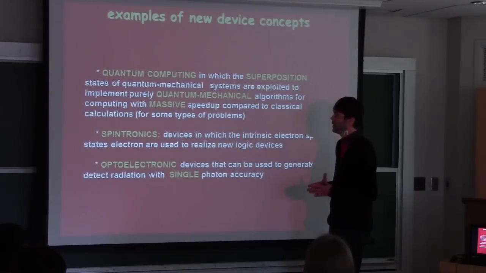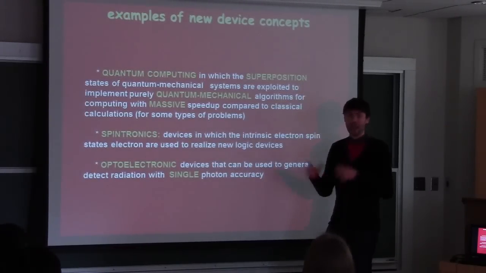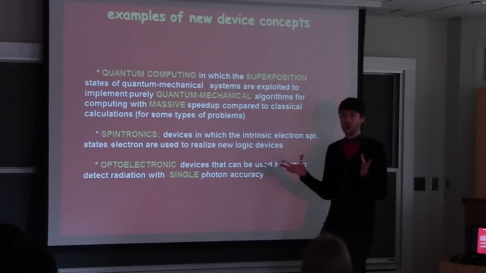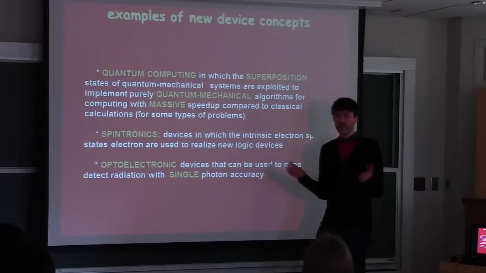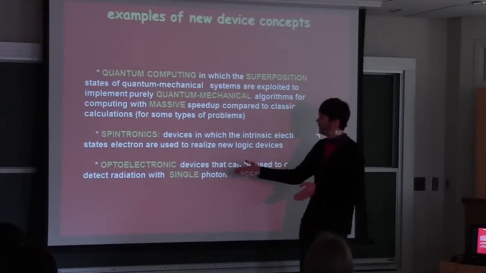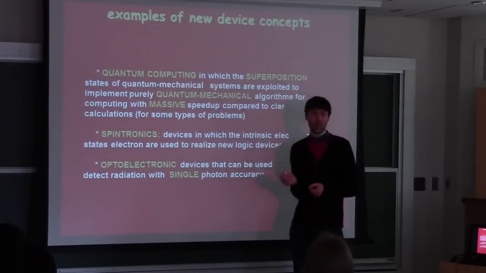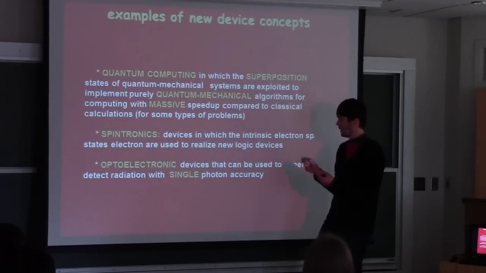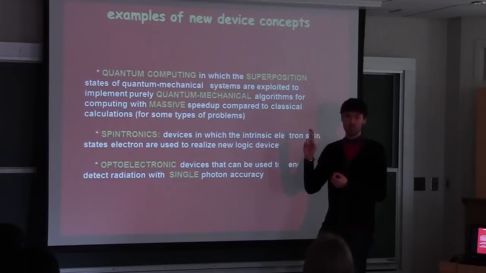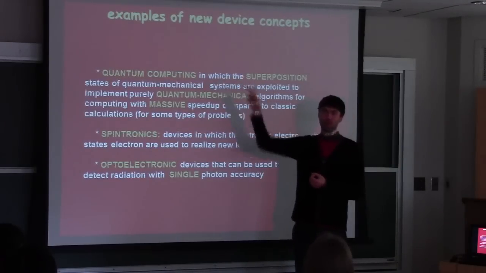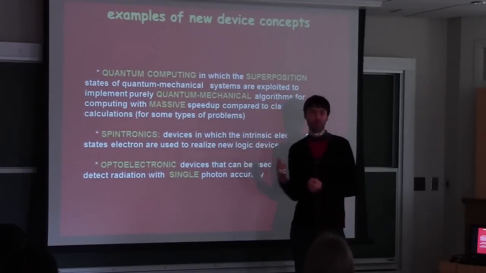Optoelectronics is one example of a bigger field of hybrid technologies where different degrees of freedom are combined in a single device. Here we might send in a single electron and get out a single photon, for example. But what if we now take an electron with a well-defined spin and get out a well-defined polarization of that photon? Yeah?